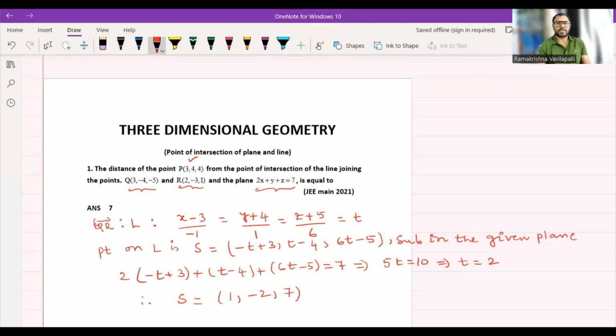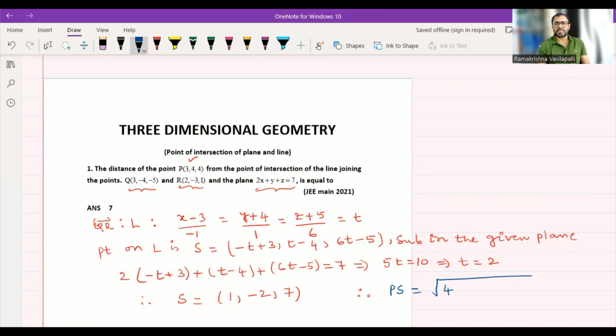Now they are asking the distance of this point S from P. So we need to find out the value of PS. The distance between P and S equals 3 minus 1 whole square is 4.